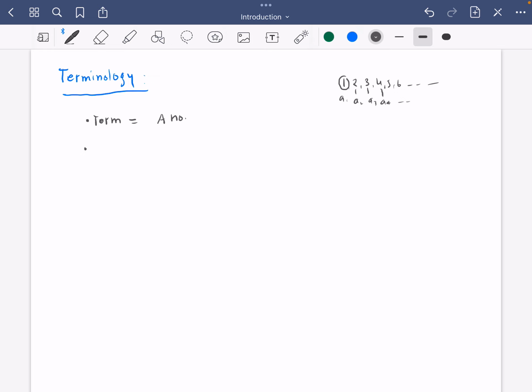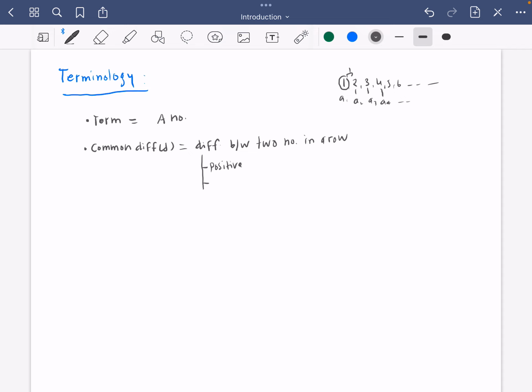Then common difference. Common difference is D. It's the difference between two consecutive numbers, or two numbers in a row. That's called common difference, and this difference can be positive, like here it's +1.